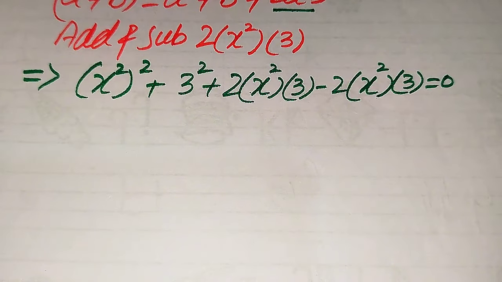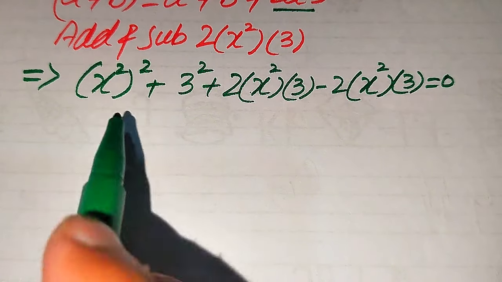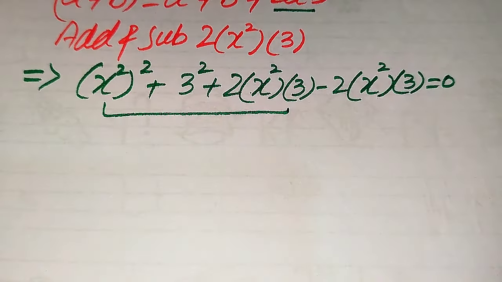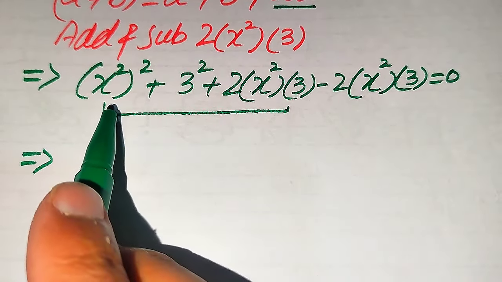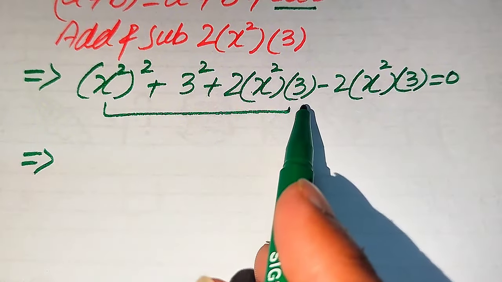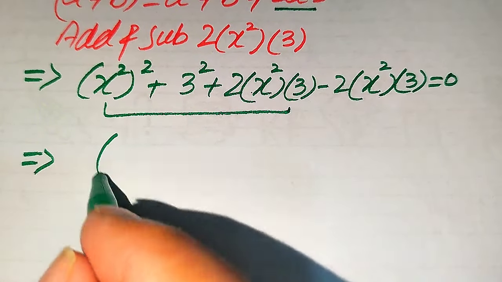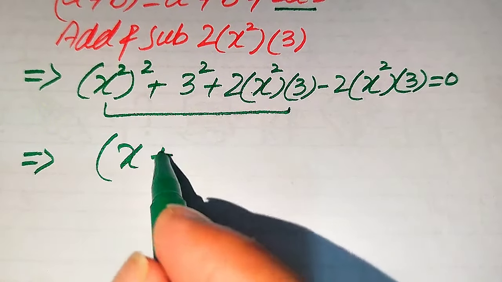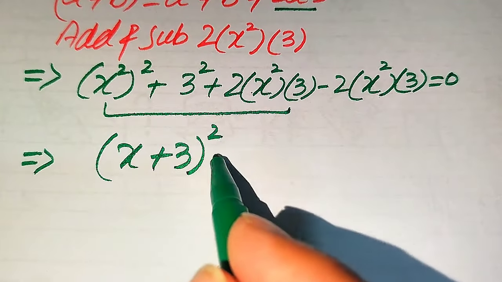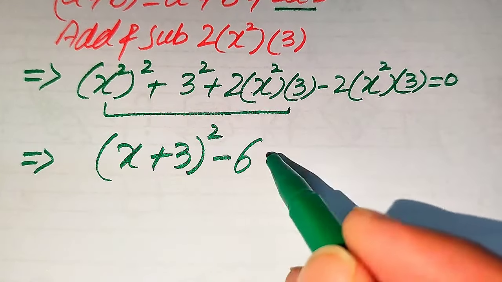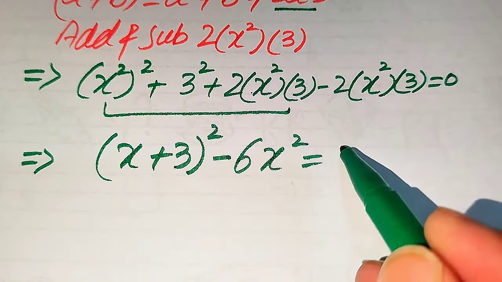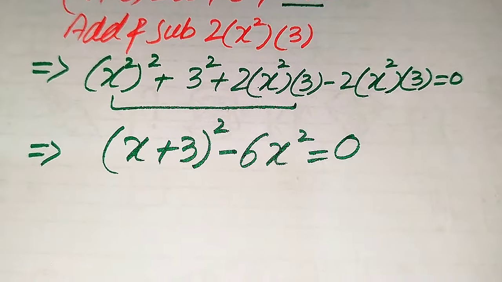So further in the next step, we need to focus on the first 3 terms, and when we complete the square of these terms, it will be written as x plus 3 and its whole square minus, here we have 2 times 3 becomes here 6x square, and this whole equation is equal to 0.